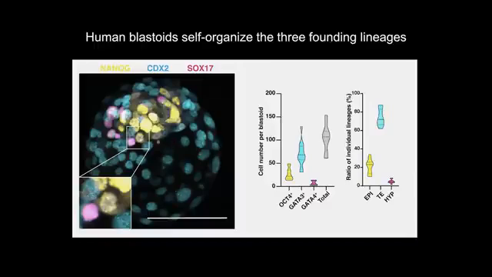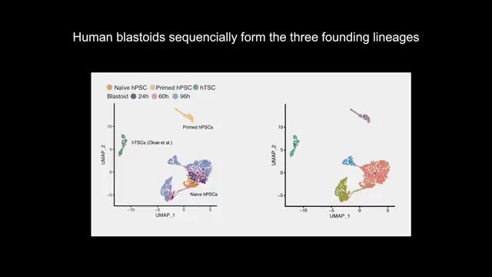And we are currently investigating these so-called self-organizing phenomena. You can see that the cell numbers are quite tight between the three cell types, and that the ratios are even tighter. But before we engage in any type of mechanistic studies, it is extremely important that we properly evaluate how closely human blastoids are mimicking development.